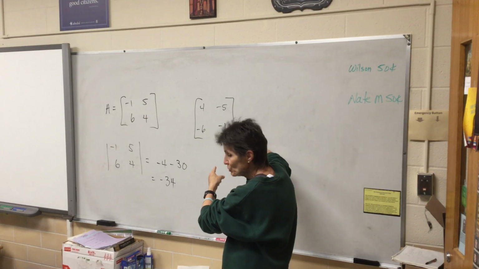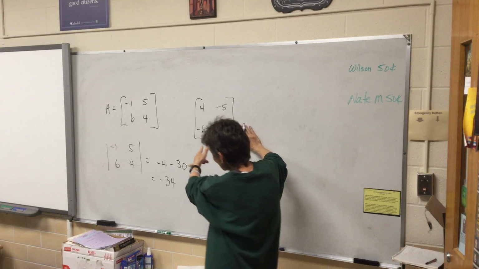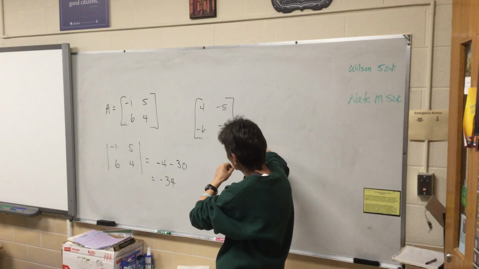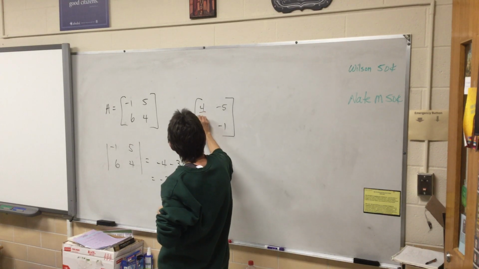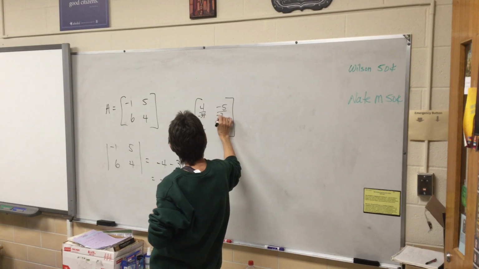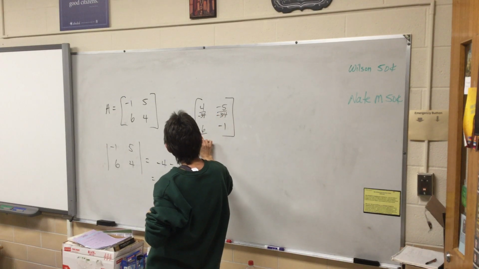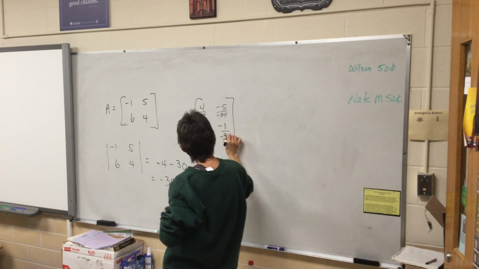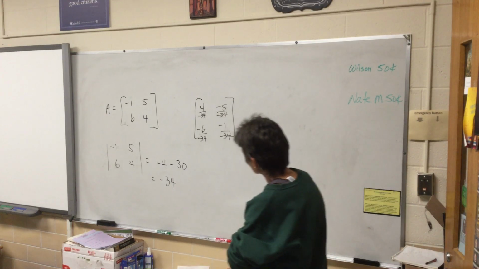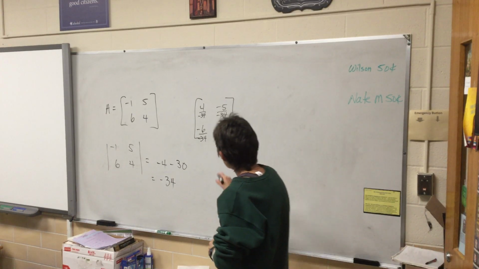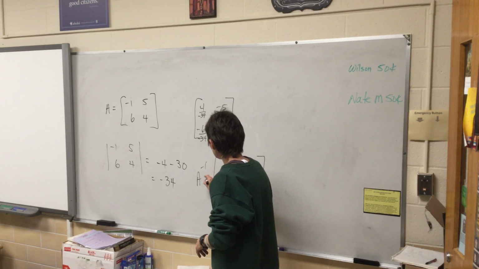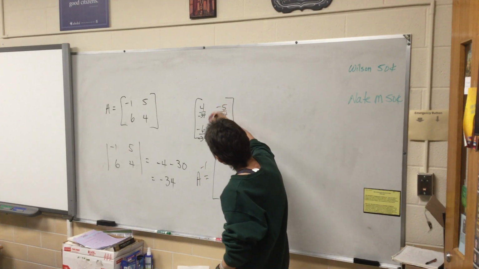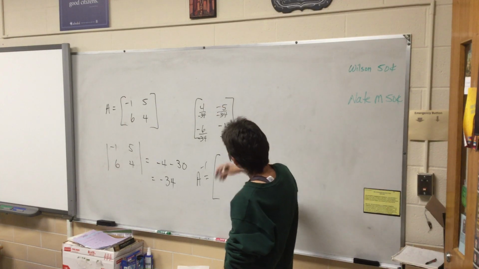What do we have to do now to get the inverse? We have to combine these two steps. You divide each thing by -34. Exactly. So once you get your new matrix made, you're going to divide each number in it by -34. And then simplify. So your final answer, you're going to reduce and cancel negatives and all that kind of stuff.